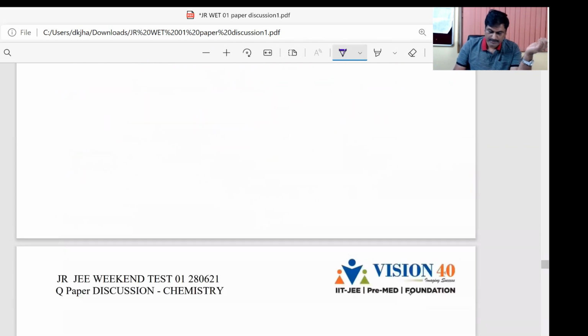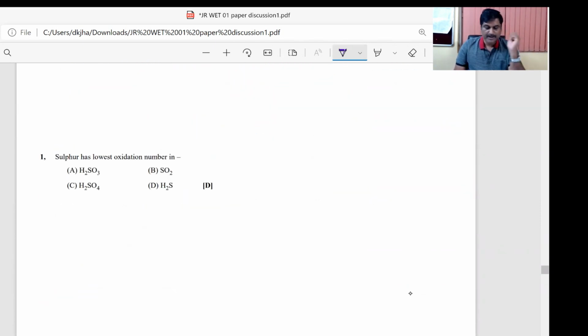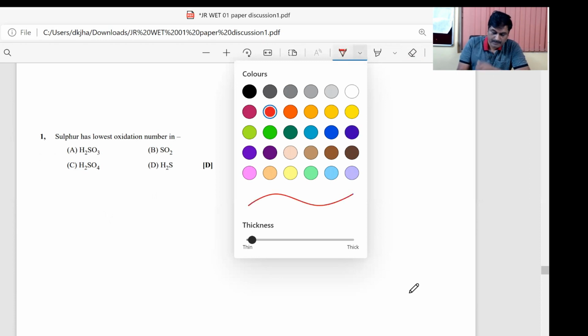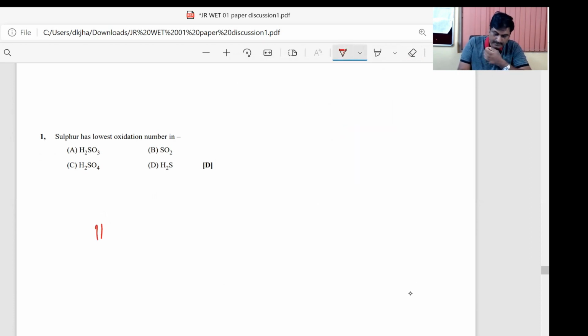Next question. Sulfur has the lowest oxidation number. Okay, you see this one, lowest oxidation number. For H2SO3, what is the oxidation state here? Minus 6, so minus 2, plus 4.